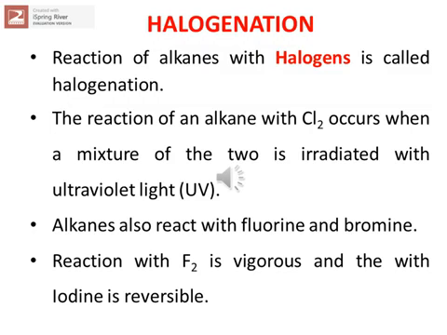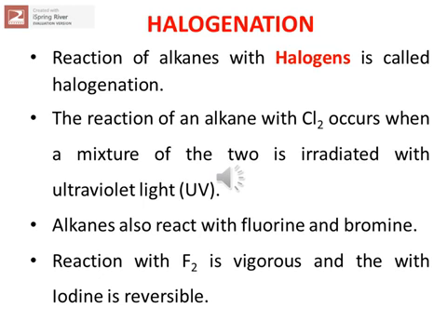Not all the halogens react the same with a particular type of alkane. Fluorine reacts too vigorously even at low temperatures. So the reaction of fluorine with alkanes is called fluorination, and the fluorination is too fast to be controlled.